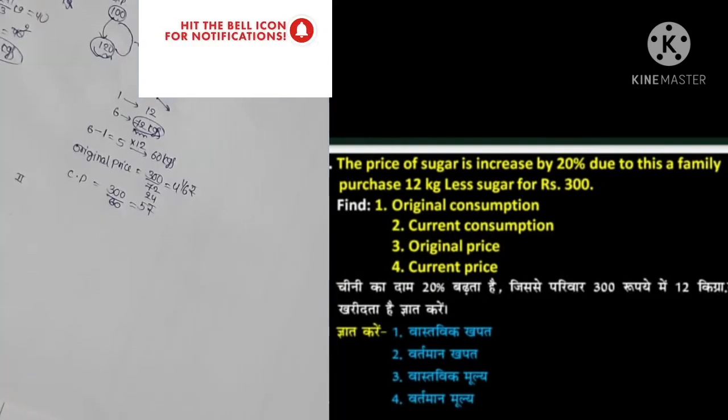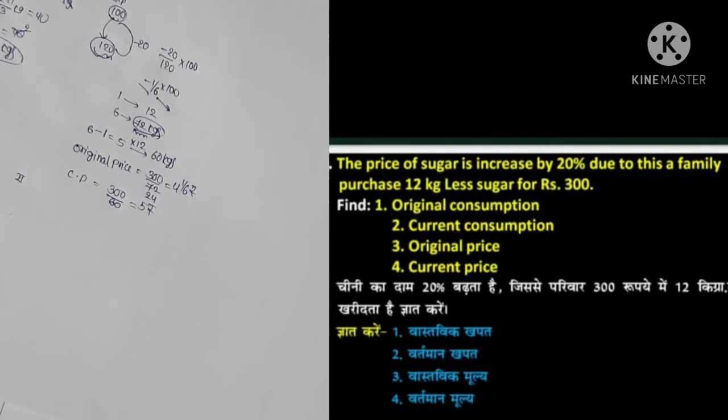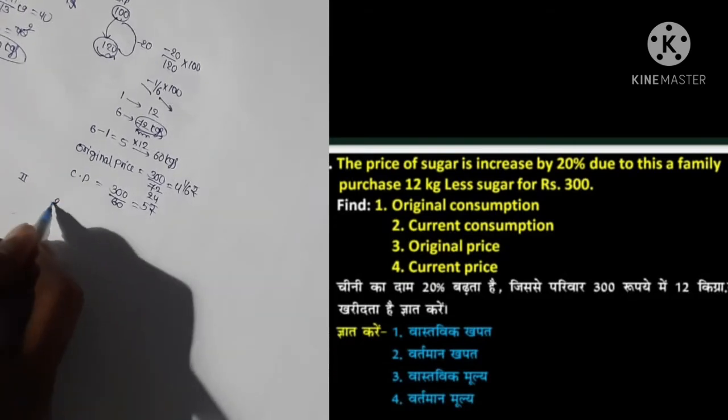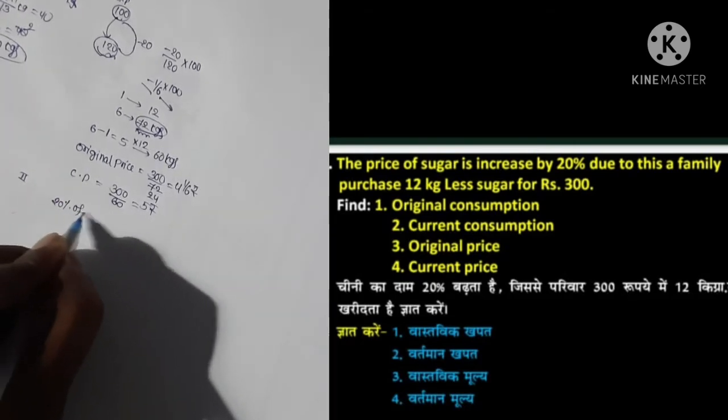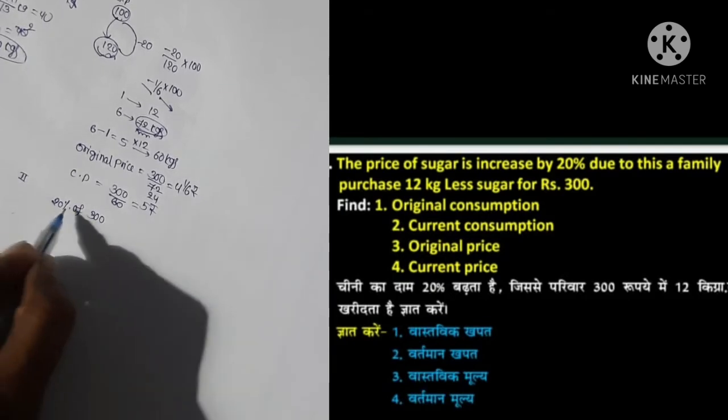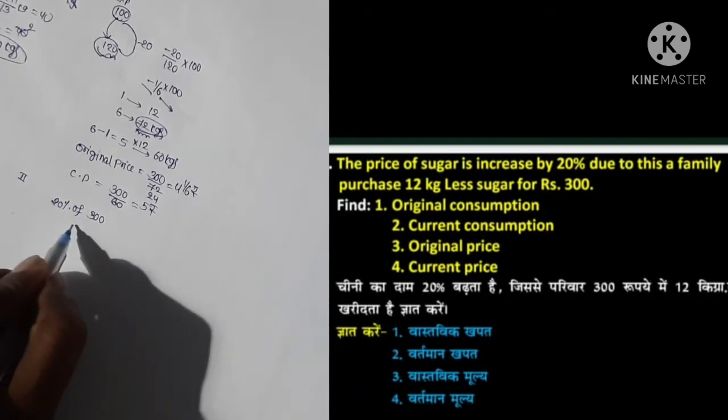So how can I solve this question another way? So the price of sugar is increased by 20%. So what is the 20% of 300? So value is 1 by 5 of 300, that is 60 rupees.